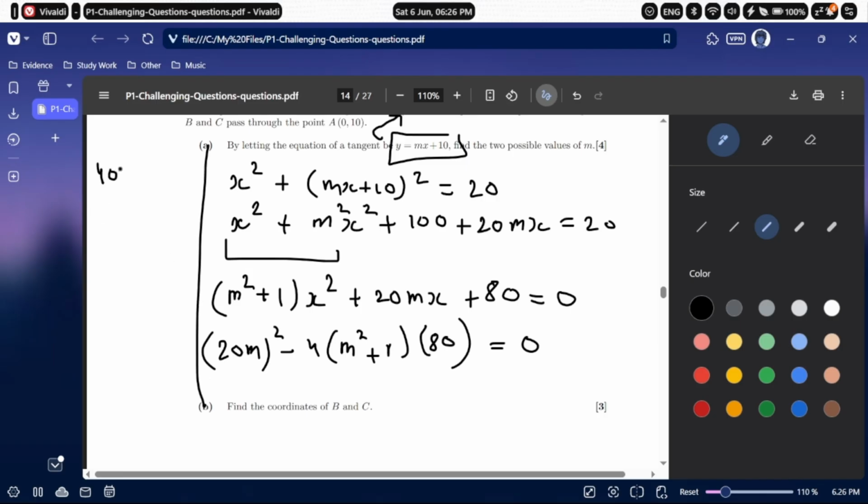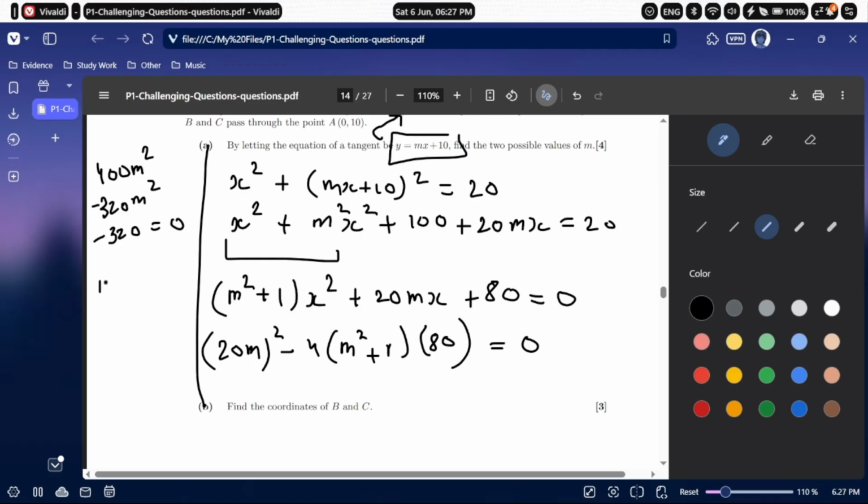So 400m square minus 4 into (m square plus 1) into 80, which is 320m square minus 320, is 0. 400 minus 320, that's just 80.